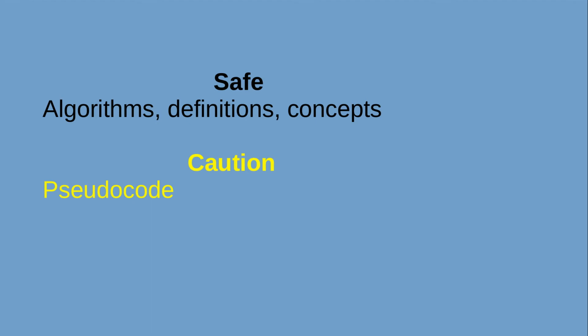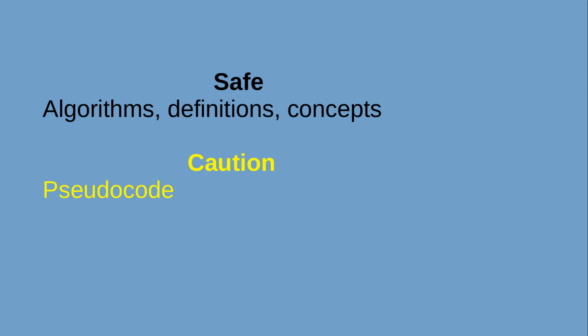Proceed with caution around pseudocode, right? If it's pseudocode that I've given you, or that you're trying to understand from lecture, that's pretty safe. But if you're trying to figure out how to do something that I haven't given you pseudocode for, that's not in your textbook, and you come up with a really clever algorithm, and somebody else has exactly the same clever algorithm, that can start to be a gray area.